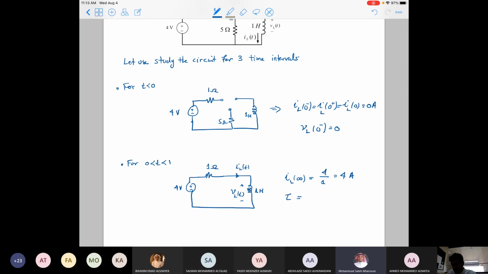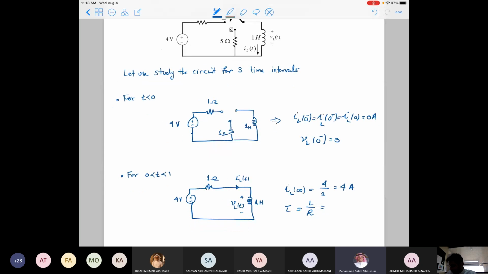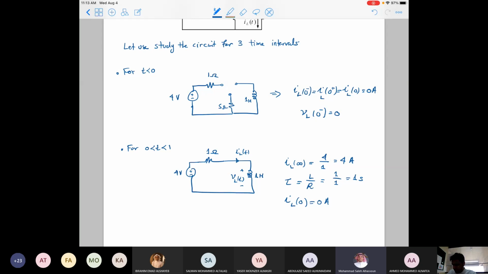The time constant will be L divided by R. L is 1 Henry, R is 1. So 1 divided by 1, this is 1 second. And the initial value of I L is 0, we know that from the previous analysis.